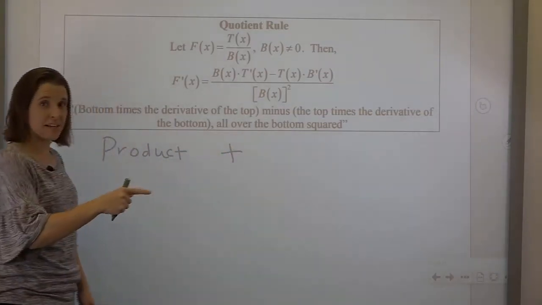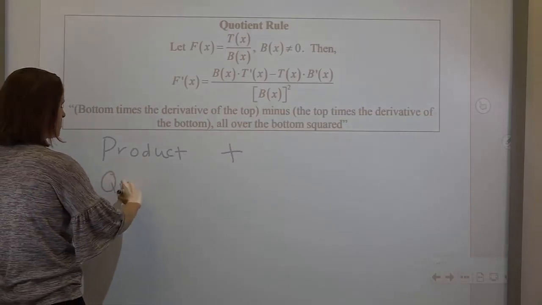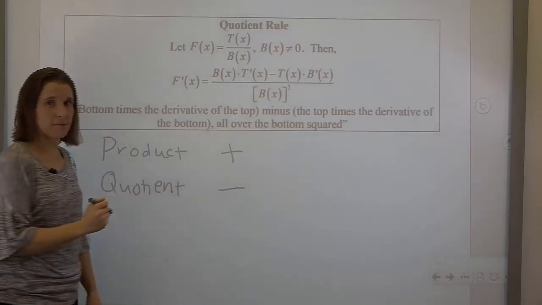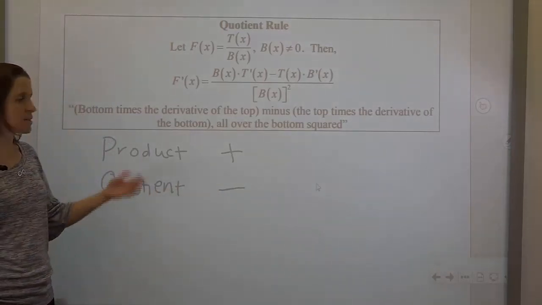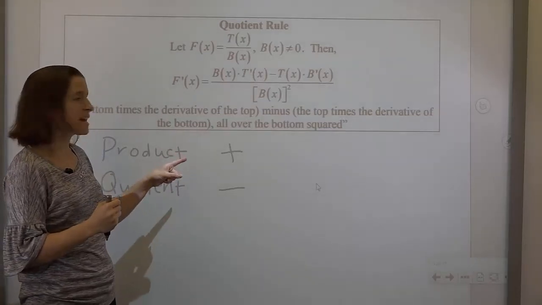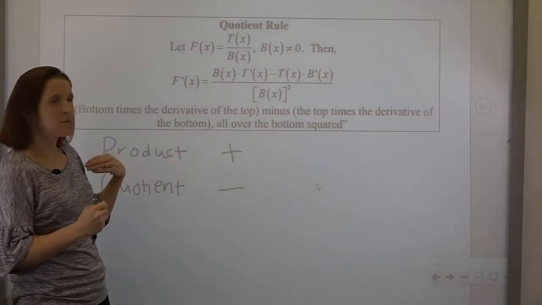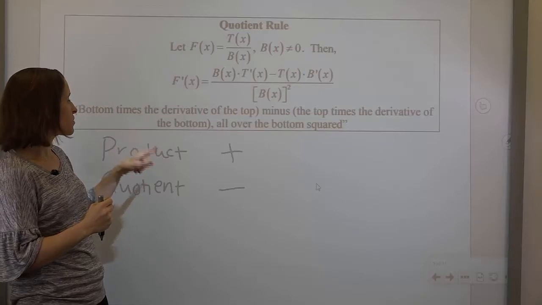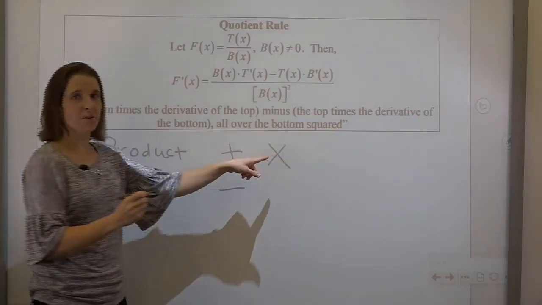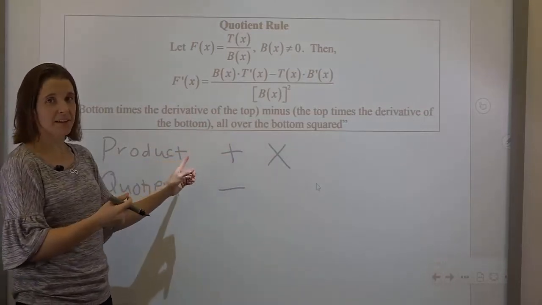So while I've got some room on this page, let's remember that with the product rule, we had addition in between terms, and with the quotient rule, we had subtraction in between terms. If you think back to previous algebra content, this has kind of happened throughout. So one way to help you remember this is with the product rule, a plus sign is just a multiplication product tipped on its side, right?